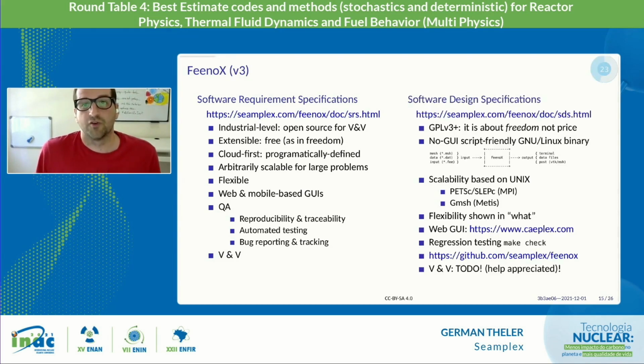The software design specification is the document that addresses how FeenoX, which is the code, tries to address each of the requirements, if you allow me. Essentially, it's open source, so it's about freedom, not price. Of course, it runs on Linux and not on Windows, because essentially the cloud runs on Linux.